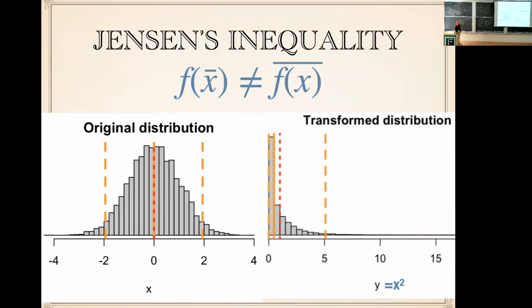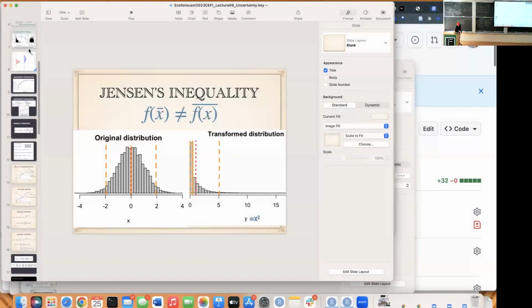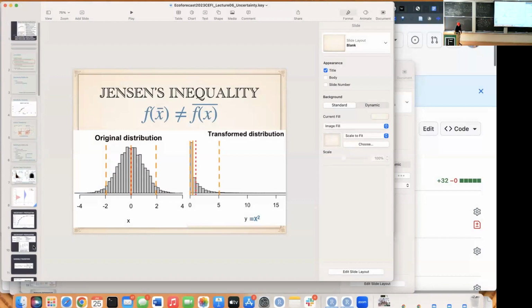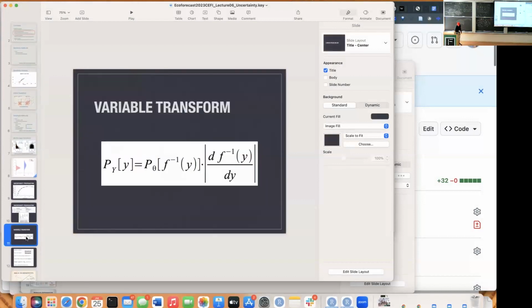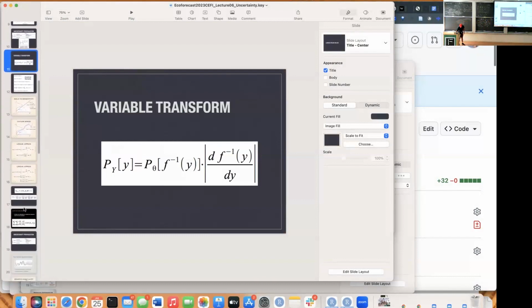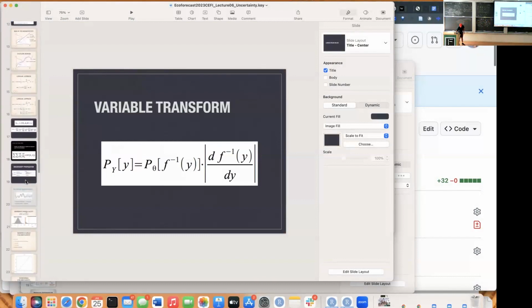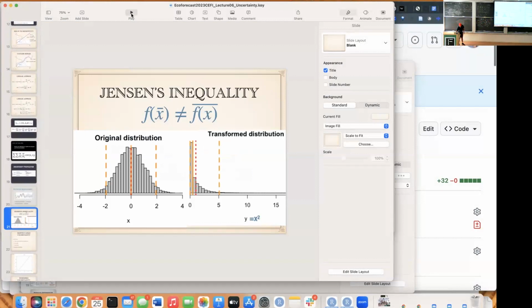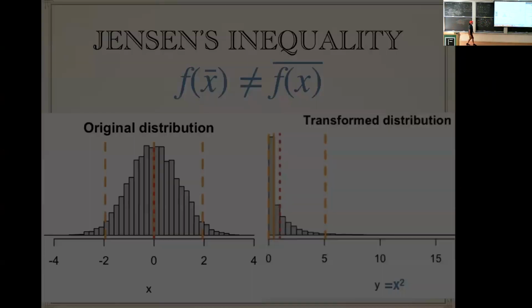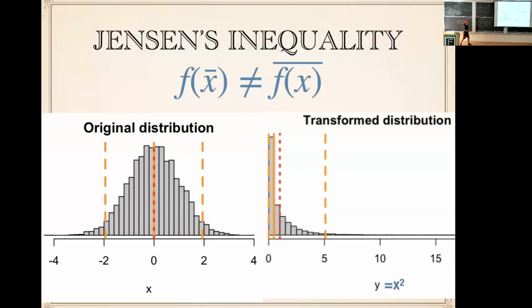Worth noting that if you go through the math of the, what did I call it? The one that I said was the gold standard. The variable transform. If you go through this math, where this function is x squared and this function is the normal, and you get out, does anyone know? Because I think this is either the dumbest or I'm still torn on whether this is the best or worst named distribution ever.